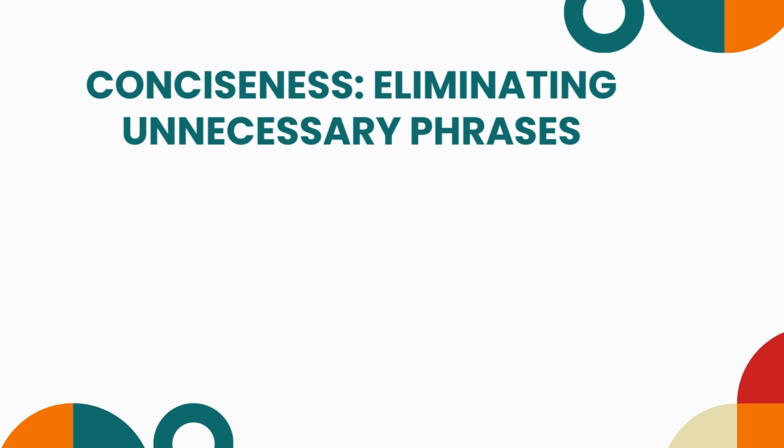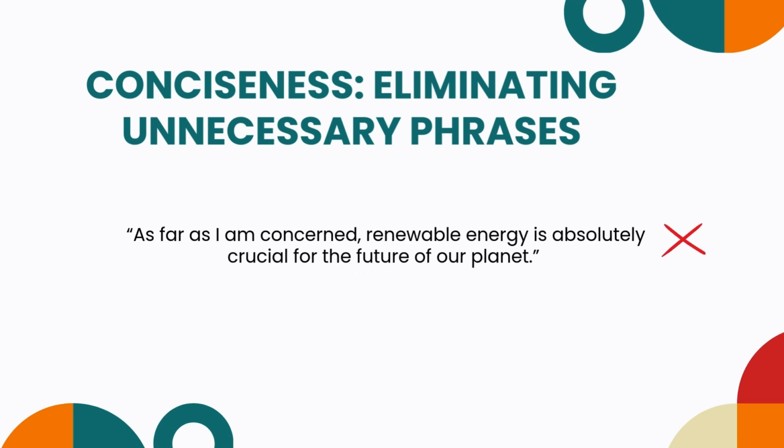Finally, Ali should avoid filler phrases like "in my opinion" or "what I think is," because they don't add value. For example, instead of saying "as far as I'm concerned, renewable energy is absolutely crucial for the future of our planet," Ali can simply say renewable energy is crucial for our future.